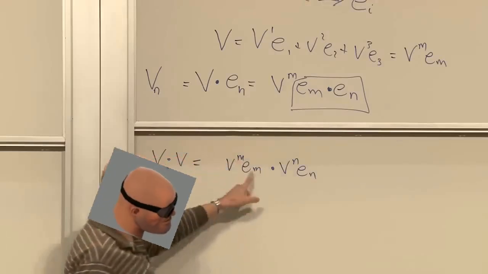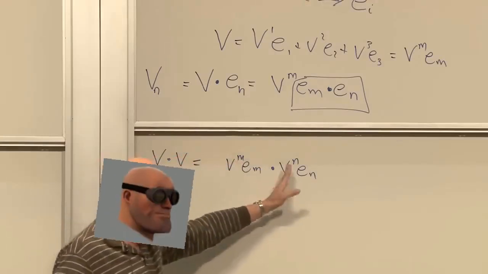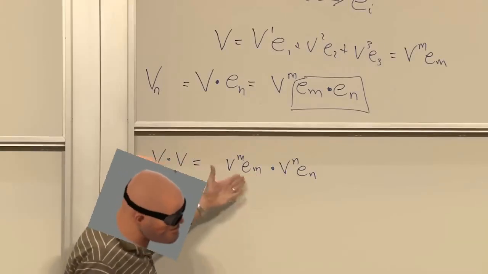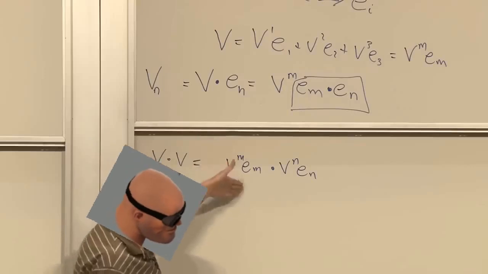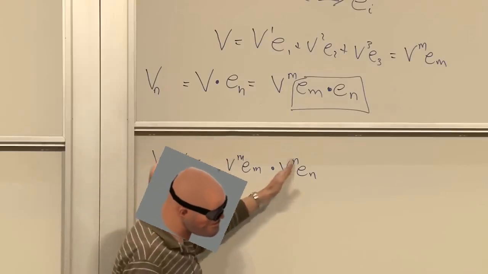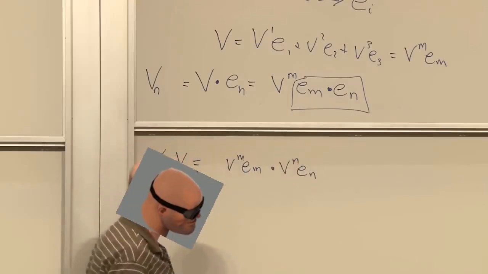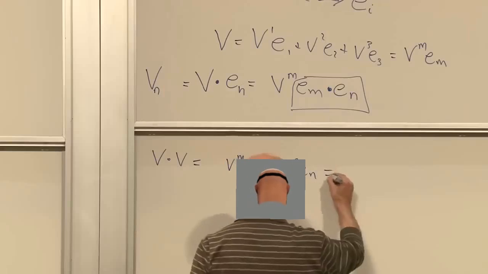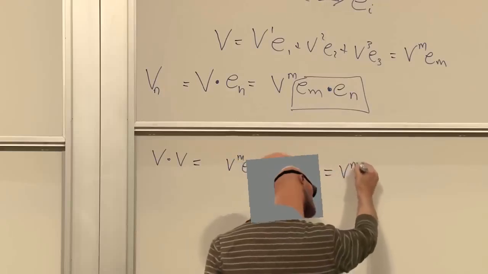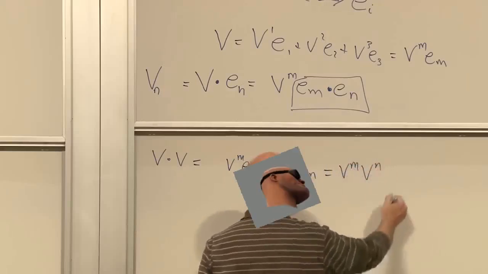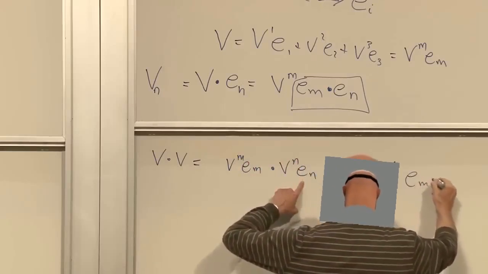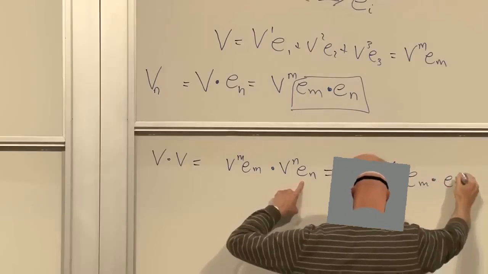I have to use a different index for this summation than for this summation. I mustn't mix up the summation indices. This is V^m E_m. This means V1 E1 plus V2 E2 plus V3 E3 times V1 E1 plus V2 and so forth. Okay? But now I can write this in the form V^m V^n times the quantity E_m dot E_n.